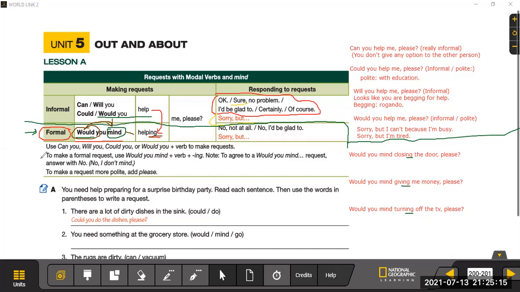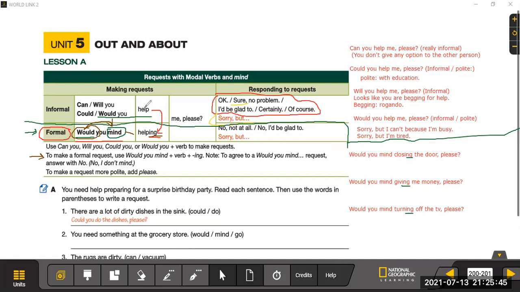Okay. Other question, teacher. What is the difference between a sentence where I use would and the verb in infinitive? No, they don't have any difference. They mean the same. It's the same definition.